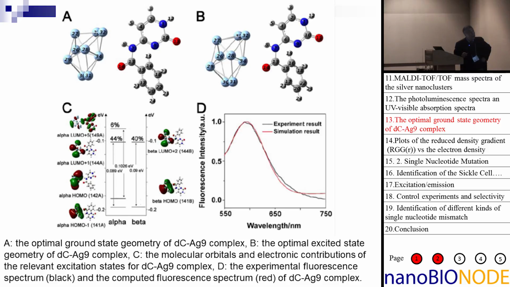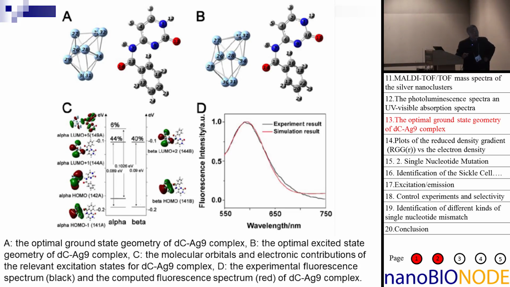Now we get this photoluminescence spectra that we calculated with Gaussian 09 software. The result is 590, while the experimental data is 591. So it's quite in agreement.